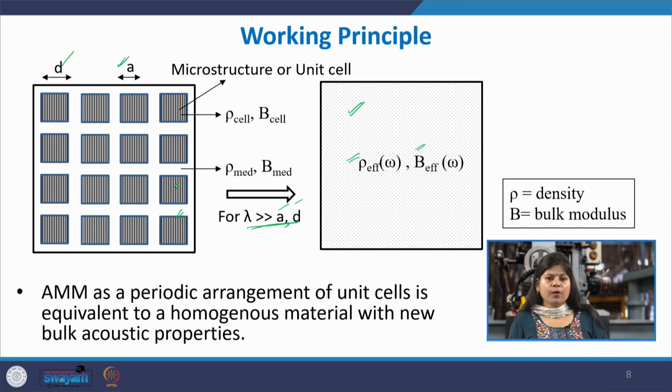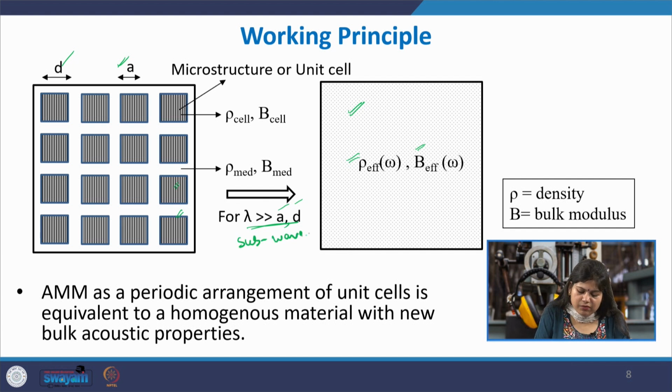So, if you see here, metamaterials, when they have dimensions smaller than the wavelength, we also call it the sub-wavelength dimension. So, the unit cell here has sub-wavelength dimension. When the dimensions are much smaller than the wavelength under consideration, then they behave extraordinarily.